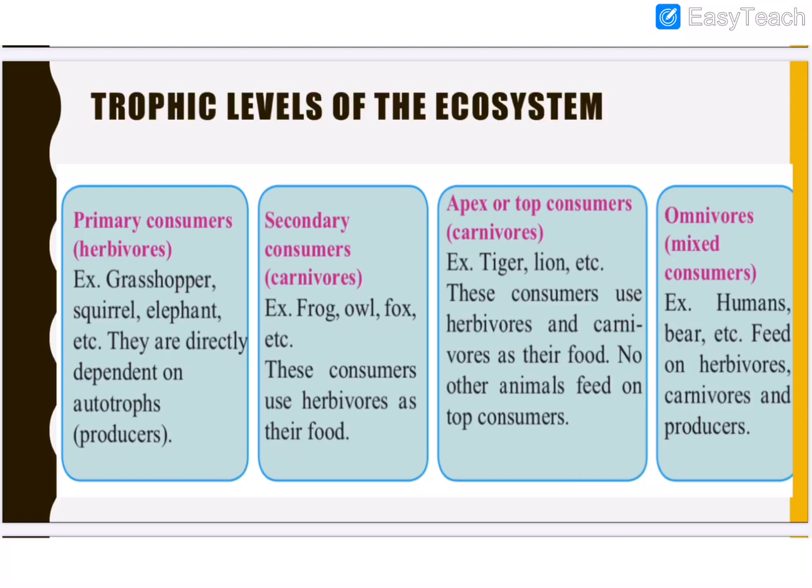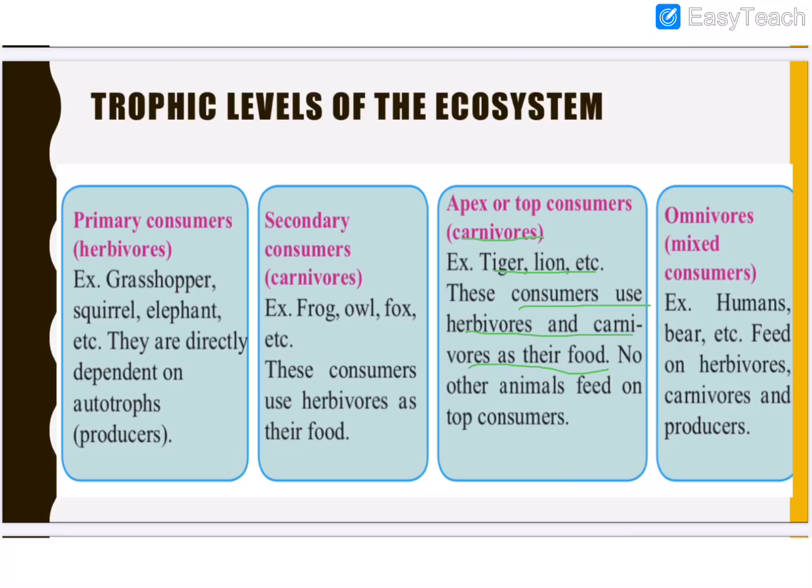So we are going to the next level, the apex or top consumers. The top consumers are also carnivores, meaning they also eat animals. Tiger and lion come under the top consumers because tiger and lion are not consumed by any further animal, so they are top consumers. These consumers use herbivores and carnivores as their food.